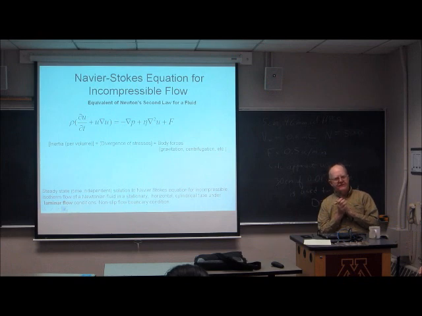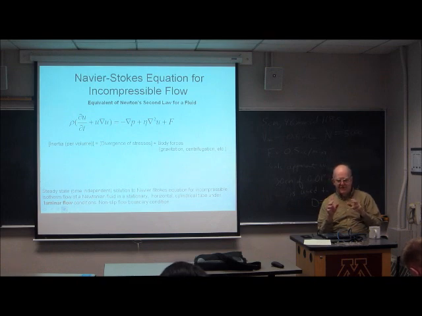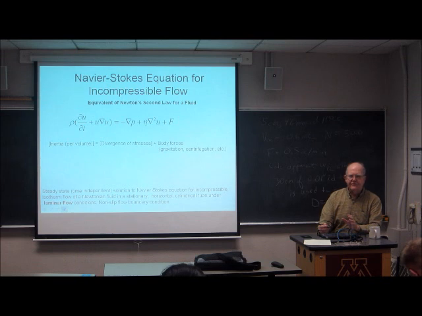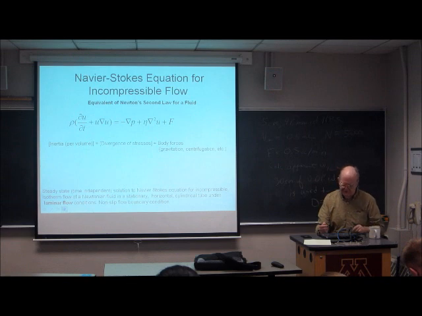Everybody in here has done F equals ma problems until their ears bled in freshman physics, right? This is what you get if you apply F equals ma to a fluid in a tube. It's called the Navier-Stokes equation. It's nothing more or less than Newton's conservation of momentum equation as applied to a very specific kind of fluid.